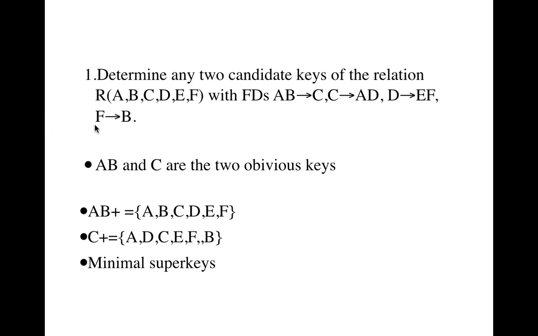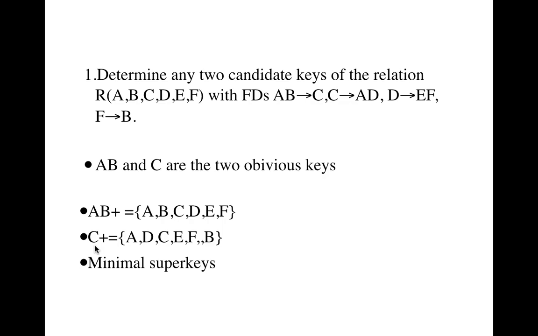Going to the next functional dependency, F gives B. Since F is already there in the closure, we can add B to the closure. So it would consist of C, A, D, E, F and B now. So everything gets added to the closure. So C is also a candidate key for the relation.